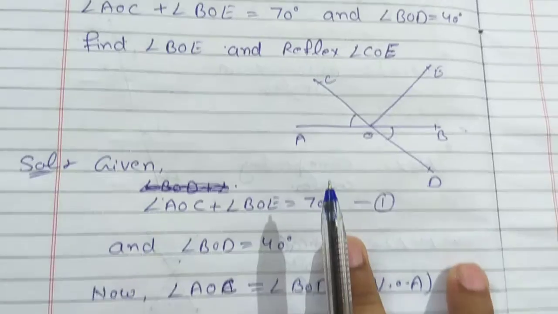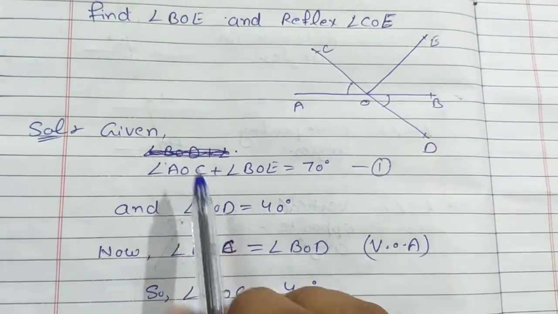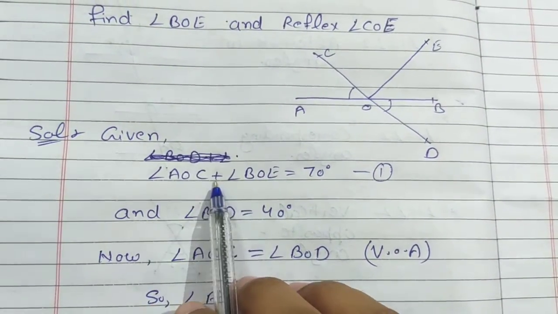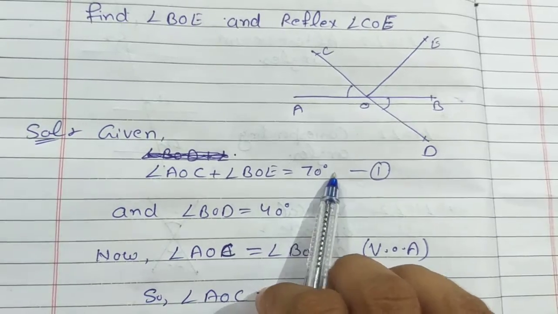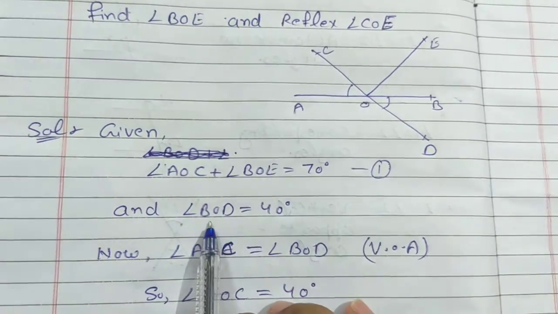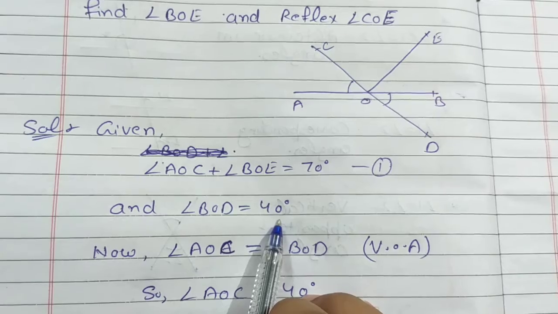So first of all, given that angle AOC plus BOE is equal to 70 degree, which is our equation number 1, and angle BOD is equal to 40 degree.